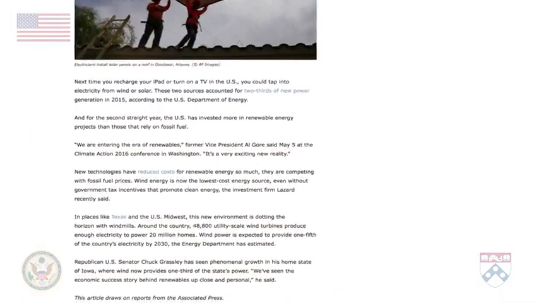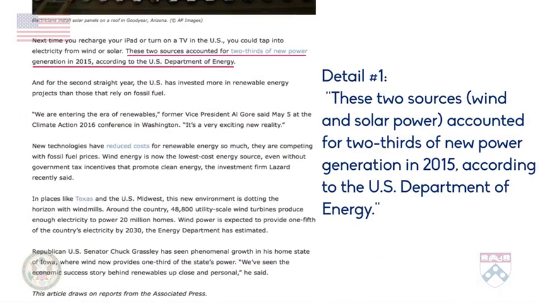The first detail we found that directly supports our main idea states, "These two sources, referring to wind and solar power, accounted for 2/3 of new power generation in 2015, according to the U.S. Department of Energy." So, how can we say this in our own words?